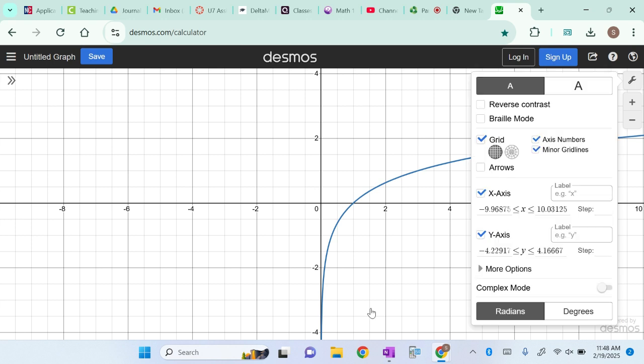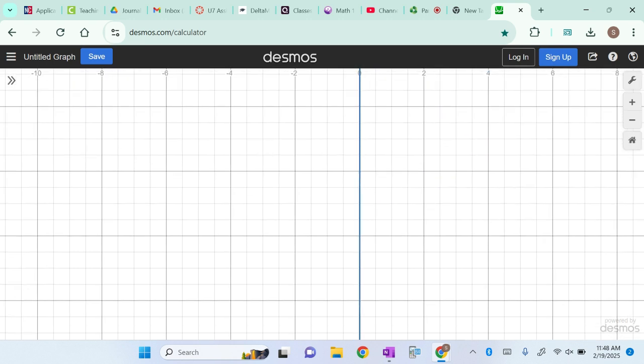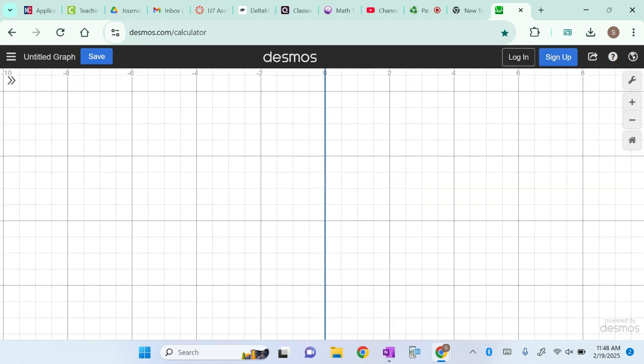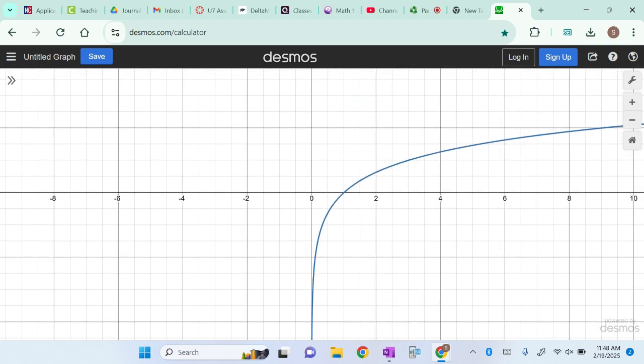I'm going to find the domain first. I'm going to turn off the y-axis because we're only looking at x values. So what do you think my domain is? What's my lowest x value? It is 0. So if we keep going down, down, down, it doesn't look like our graph will ever cross 0.